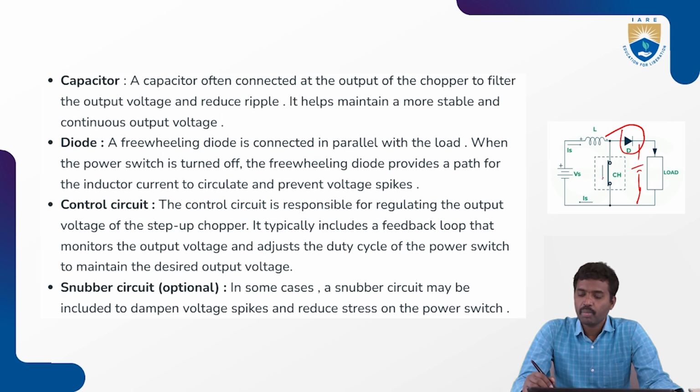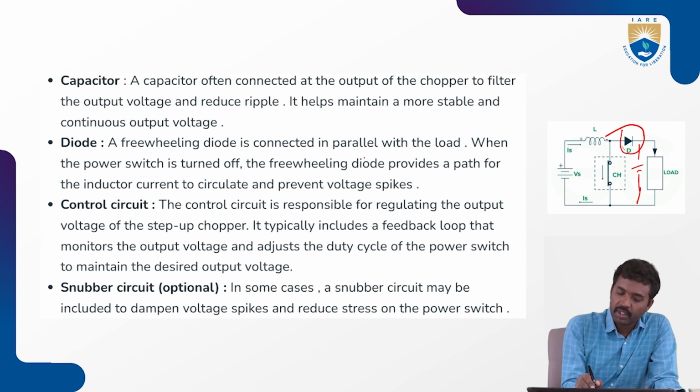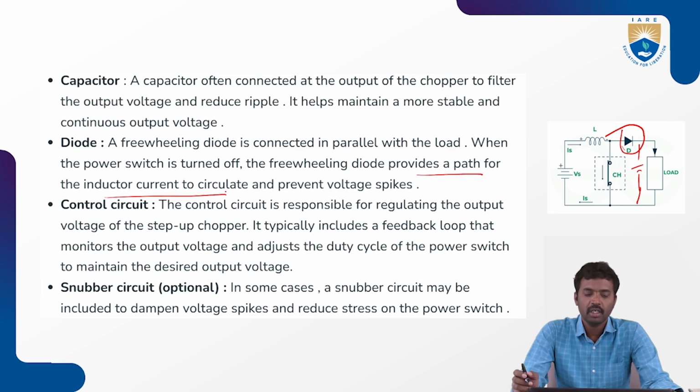When the switch is closed, the inductor stores the energy. When the switch is open, the inductor releases the energy. So this freewheeling diode provides a path for the inductor current to circulate and prevents voltage spikes.